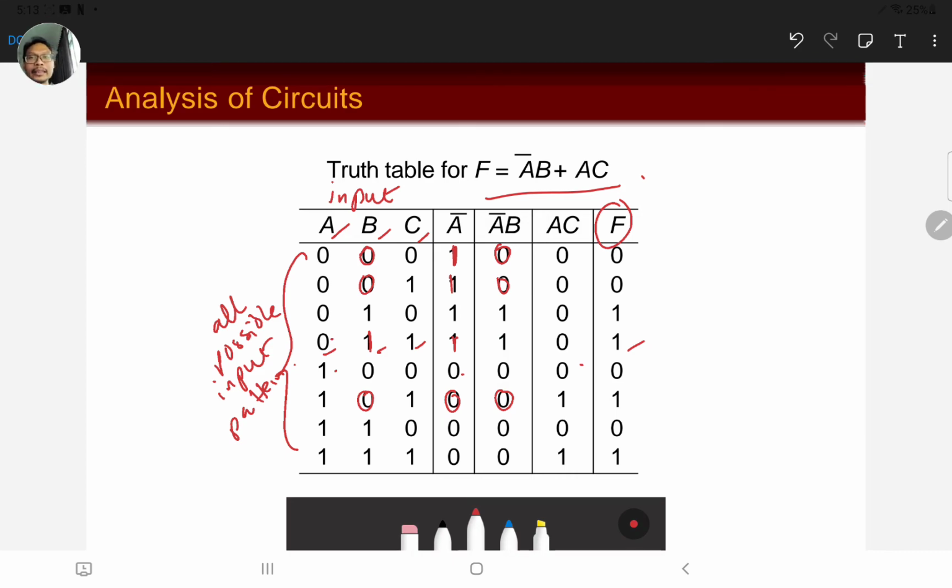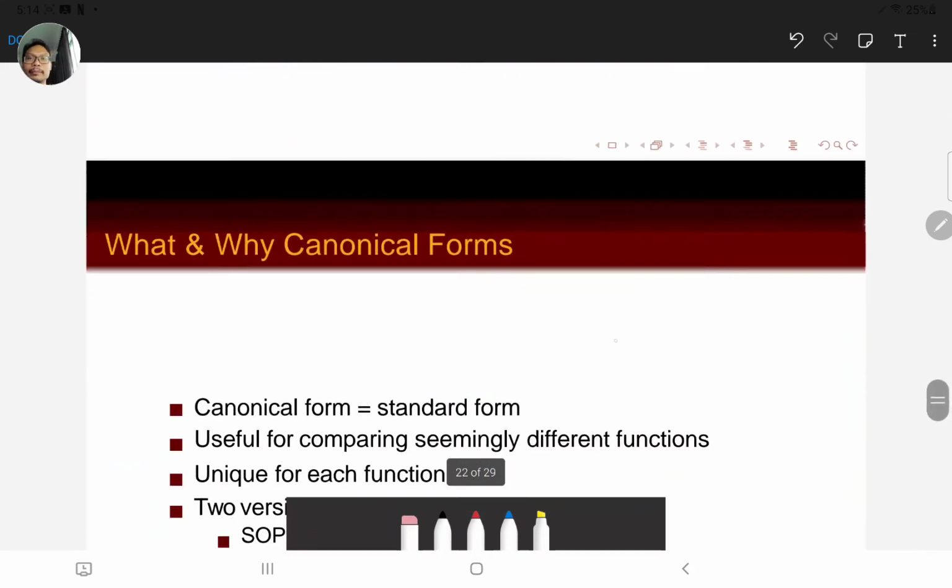Then we can also generate AC: A and C, 1 and 1 is 1. Finally, you do the OR operation between A bar B and AC, and you get F. One plus 1 equals 1, 0 plus 0 equals 0, and all the way we can generate our truth table.